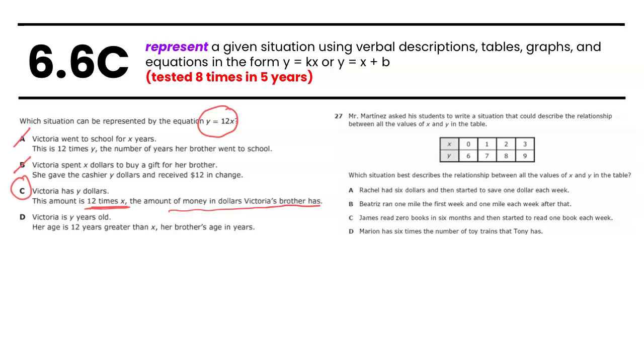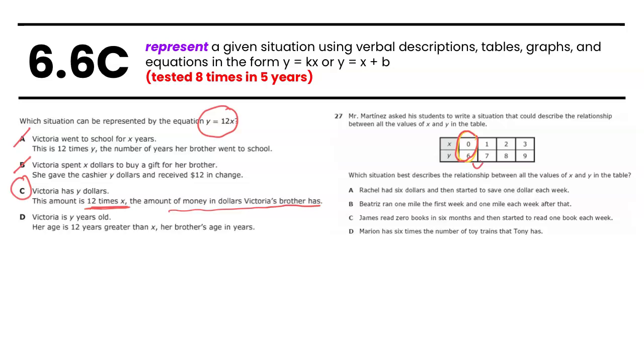For number 27 here on the right, we're given a table. Now, what we want to notice about this table is that at x is equal to 0, we have y is 6. And so we're not starting at the origin here, we're starting with an initial value of 6. And so we're looking for some verbal description that says that whoever started with 6 and then started increasing.